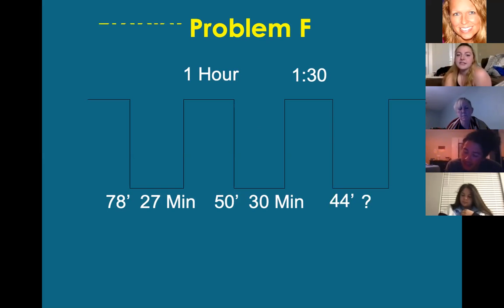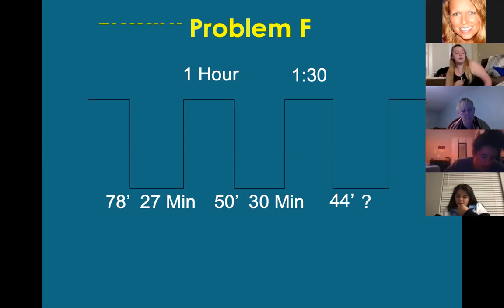Okay, perfect. So then our second dive is going to be 50 feet for 30 minutes. And this is where we grab that residual nitrogen time, right? So what's our new bottom time? 65 minutes.